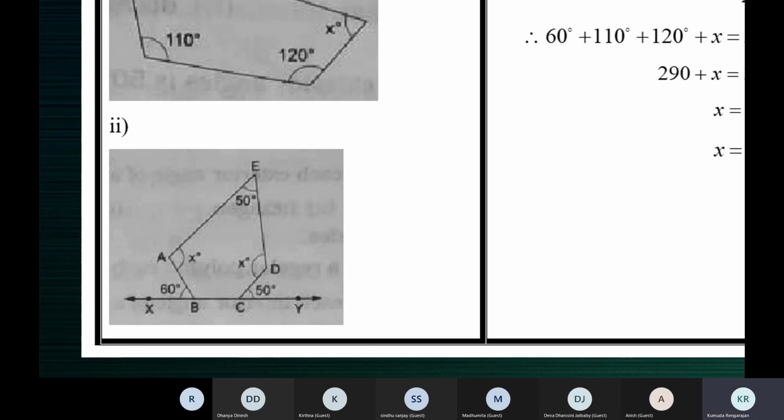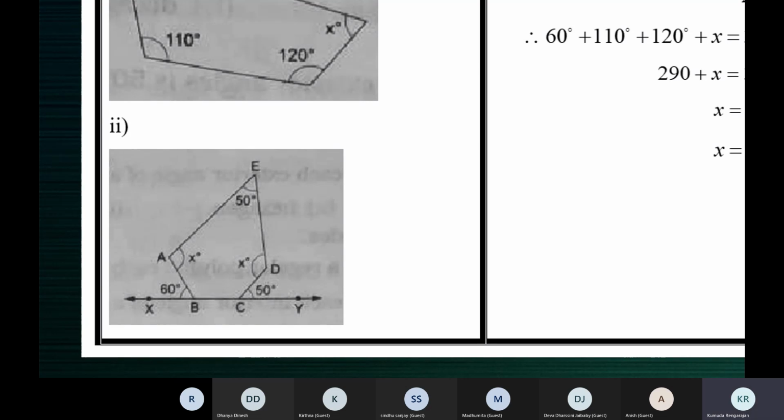Use the formula n minus 2 into 180. Yes, quickly, children. This is just mental work, no? 540 degrees, ma'am.